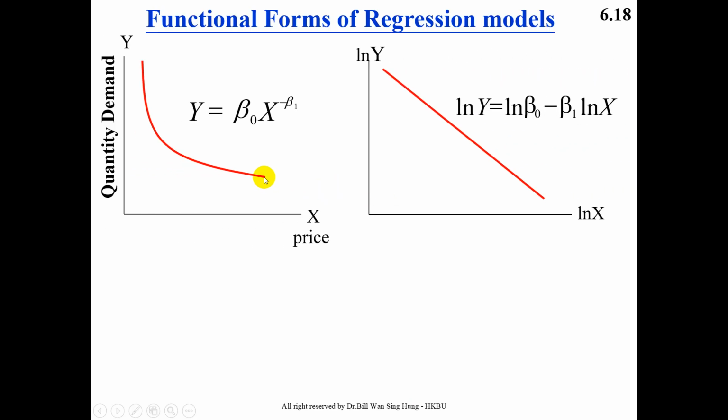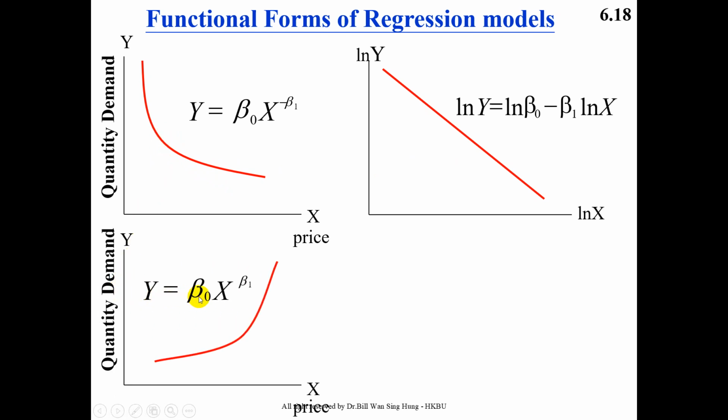This is quantity demanded and price. This is not linear, because here this is not linear in variable. This is the log-log model. Here the graph is linear. Here it is curvilinear. It is convex to the origin.